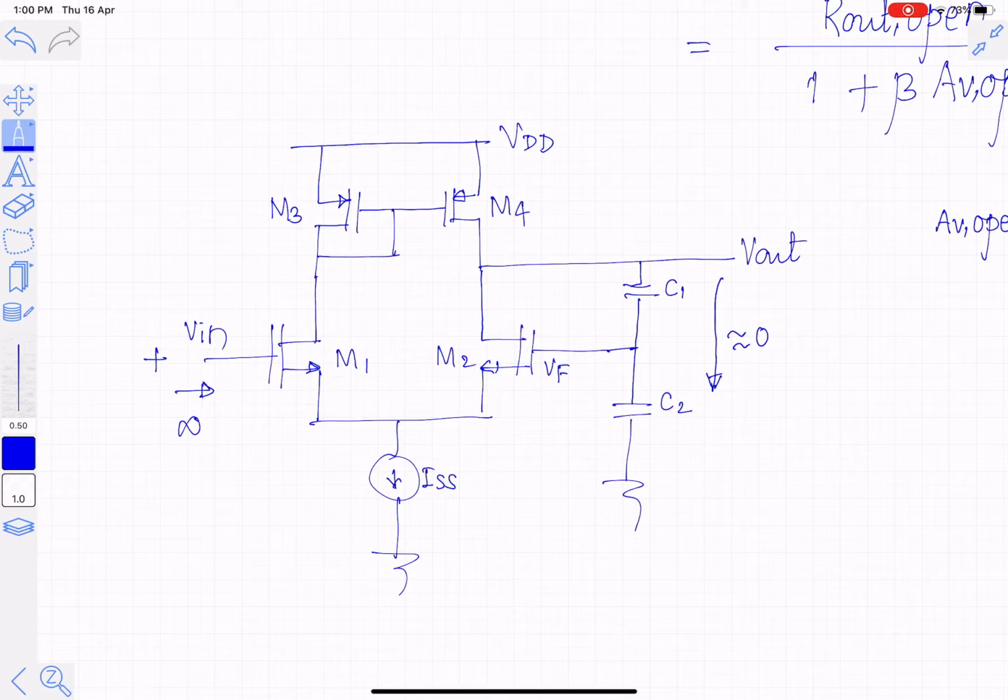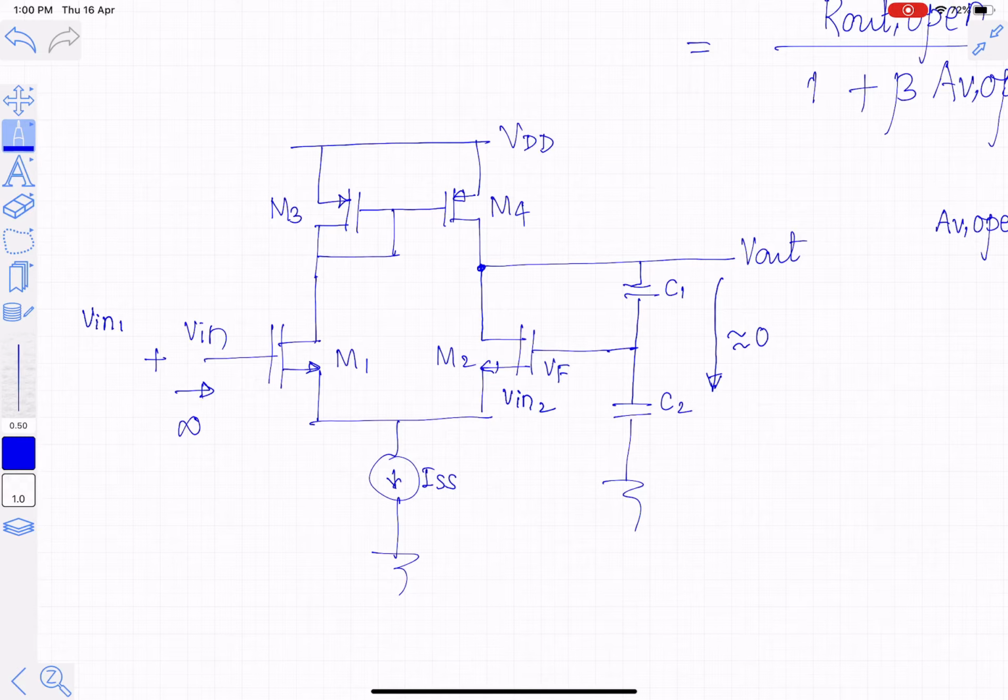If you increase the voltage at this point, the voltage at the output will increase. If you decrease the voltage at input 1, the output voltage will decrease. So this side I will call Vin1 and this side Vin2. The Vin1 side is always in phase with the output voltage, so it is marked as plus. It is called the non-inverting terminal.